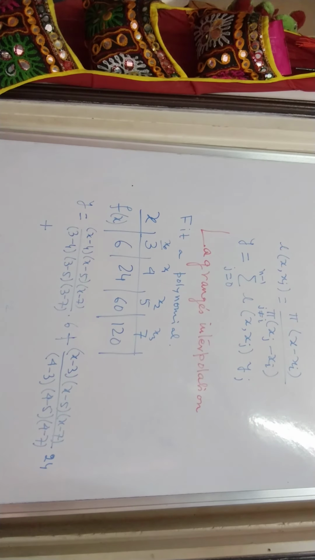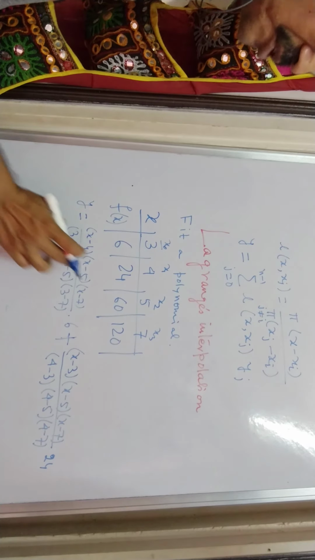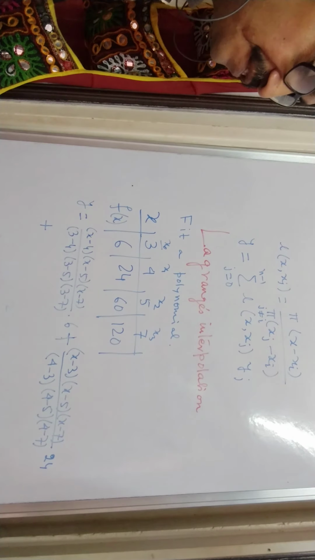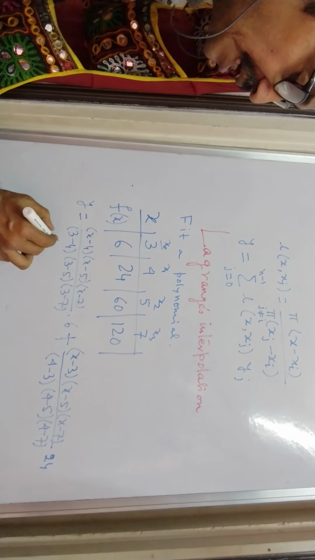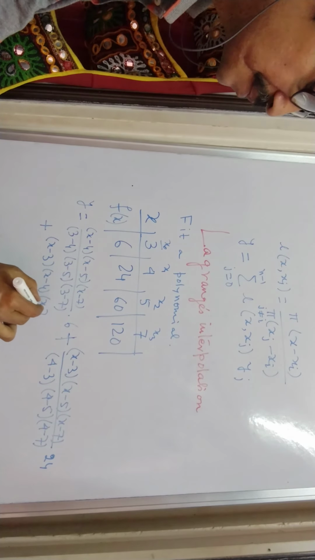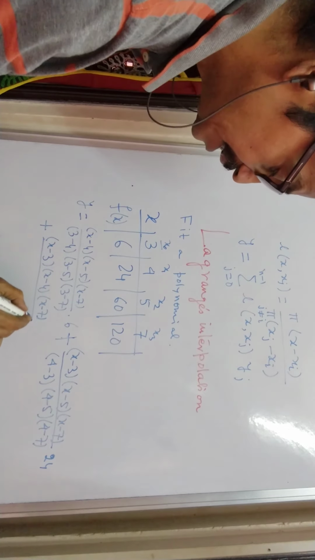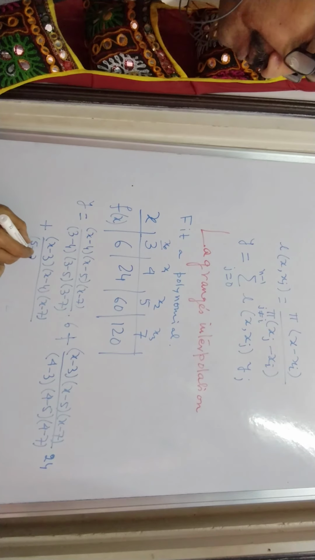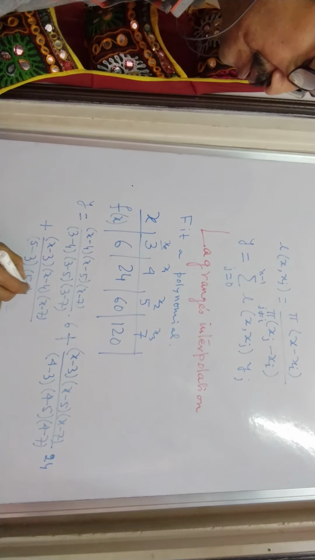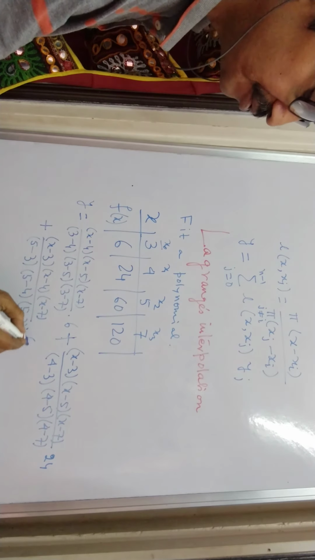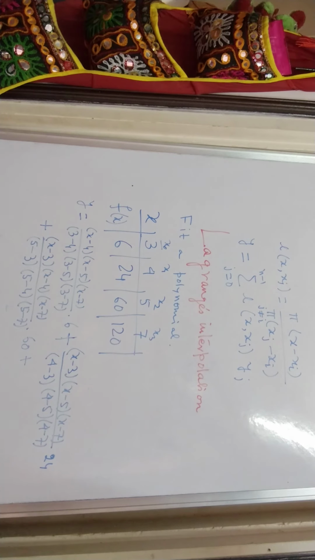What about the next term? The next term corresponds to 60, that is y2. Corresponding to x2, 5 is left out in the numerator, and we have x minus 3, x minus 4 and x minus 7 only. In the denominator we have 5 minus 3, 5 minus 4 and 5 minus 7, multiplied by the value of y at 5.